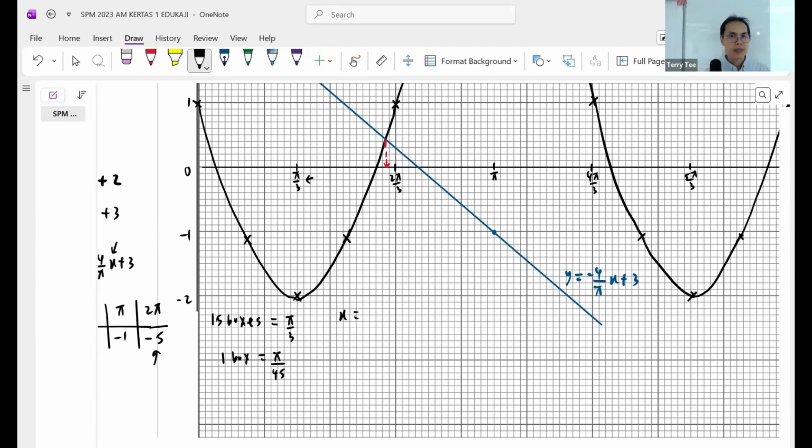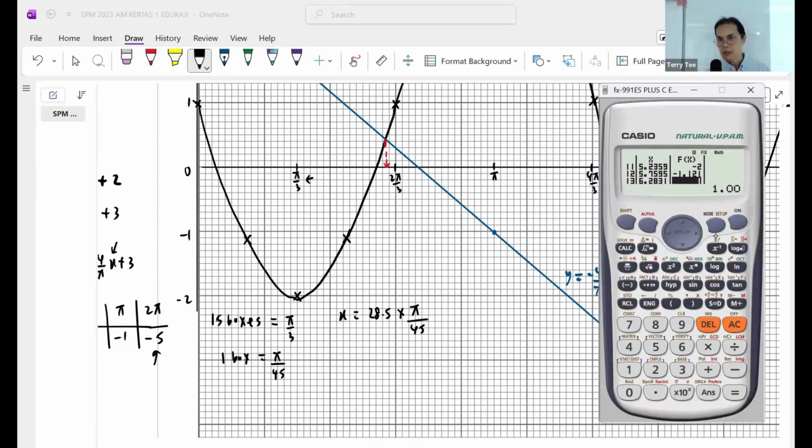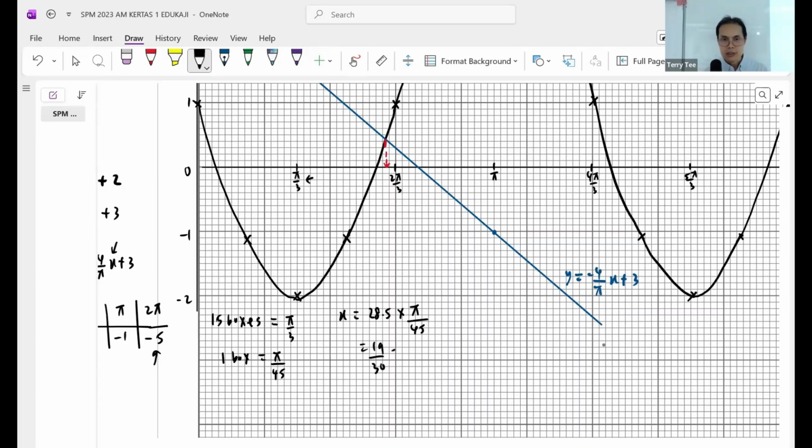Your x value here is how many boxes? 28.5 boxes. You times with pi over 45. Now let me use a calculator. Go back to the normal mode. 28.5. Don't need to times pi, because you want your answer in terms of pi. You divide 45, you get 19 over 30 pi. So this is your answer.